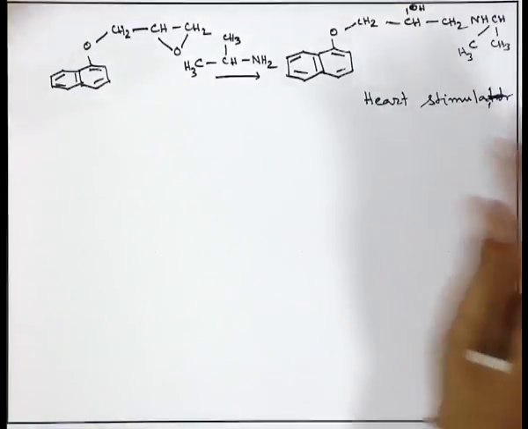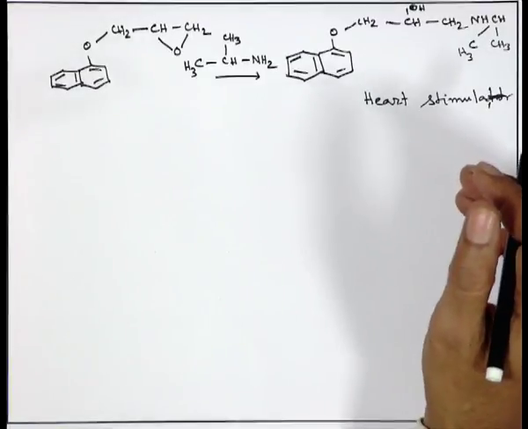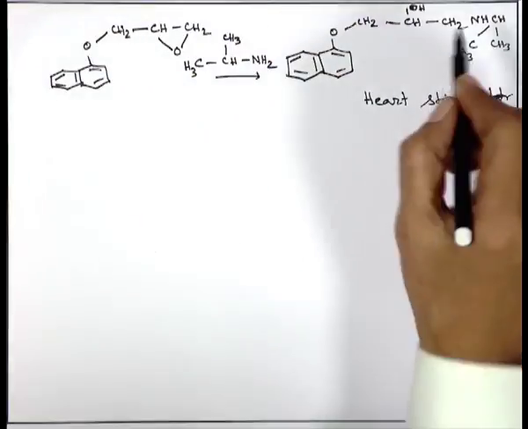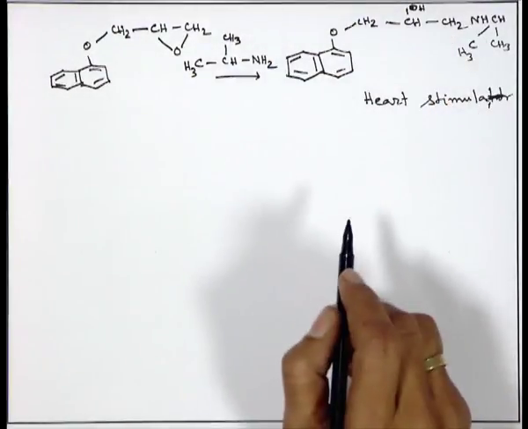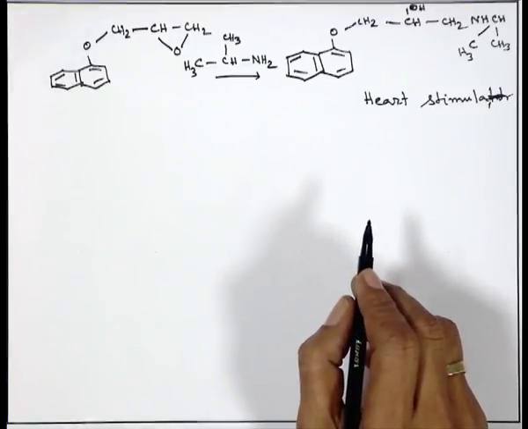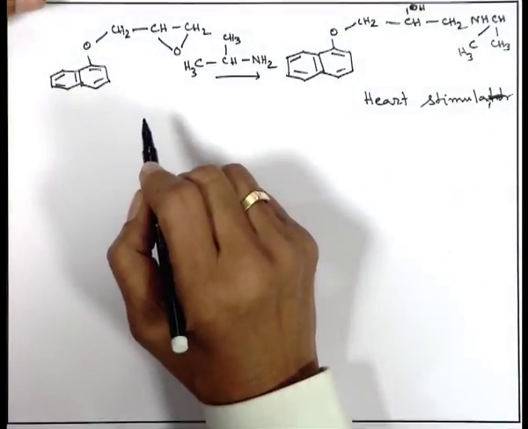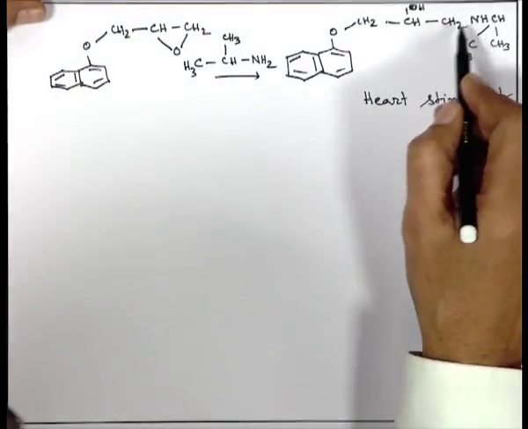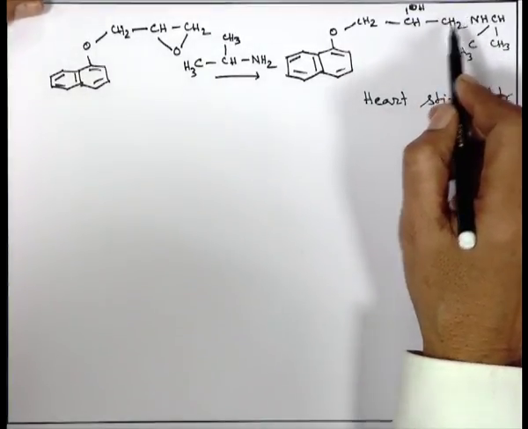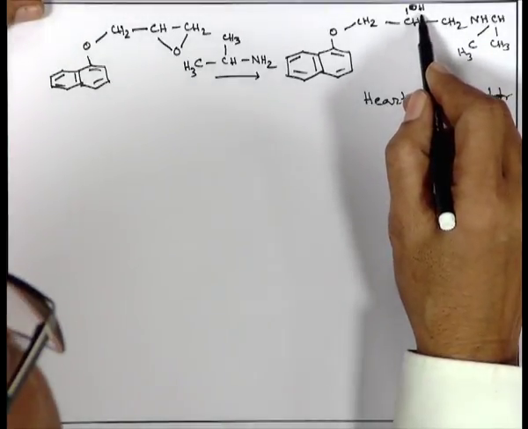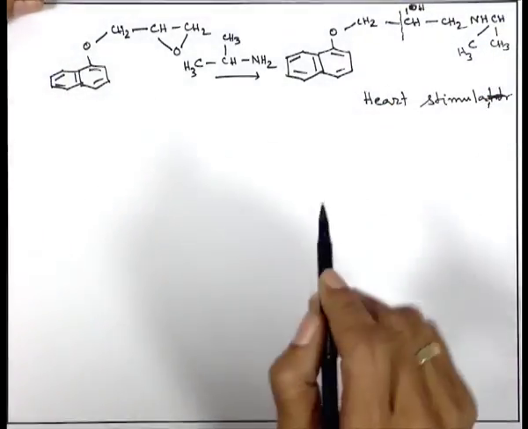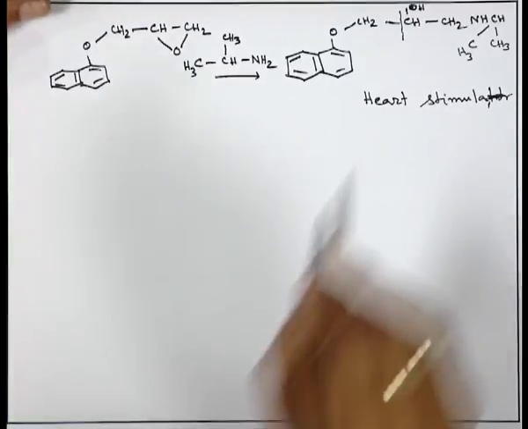A very simple compound. If I ask you how one can prepare this compound, because it is a nitrogen-containing organic compound, how to prepare it? Whenever you want to find some way out, it is better to break the molecule in such a way that you can make it very easily.